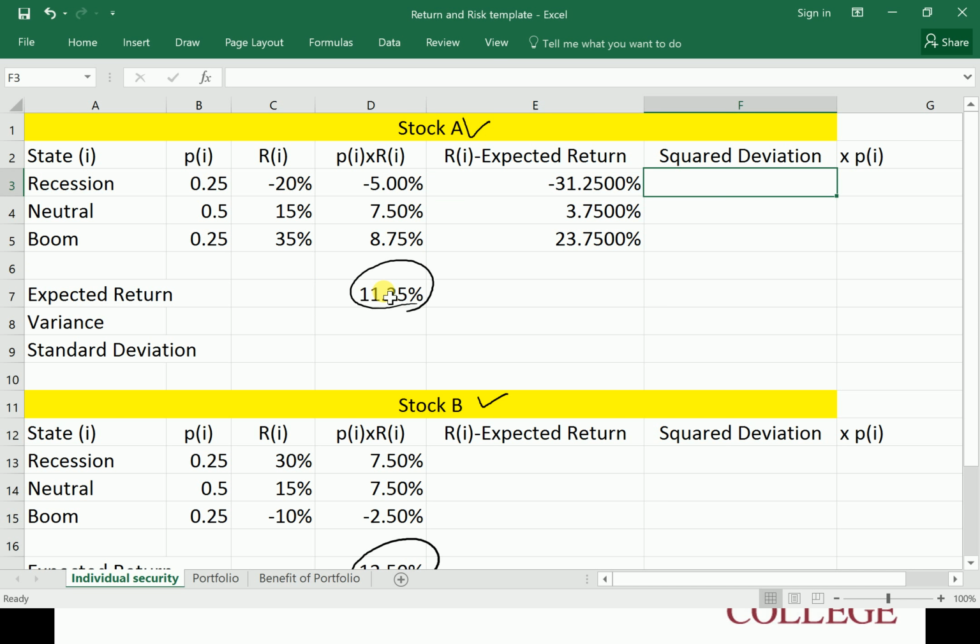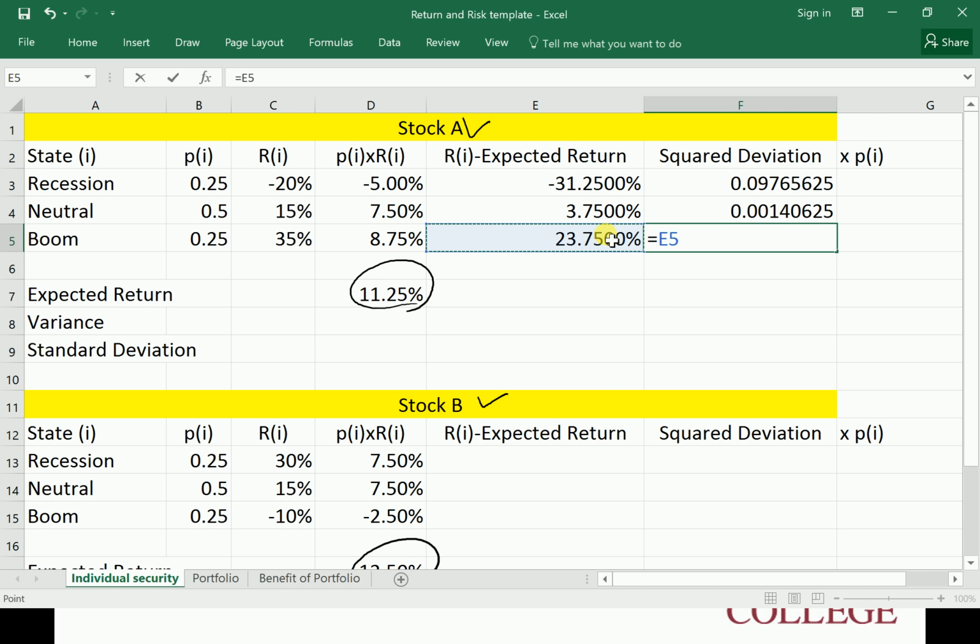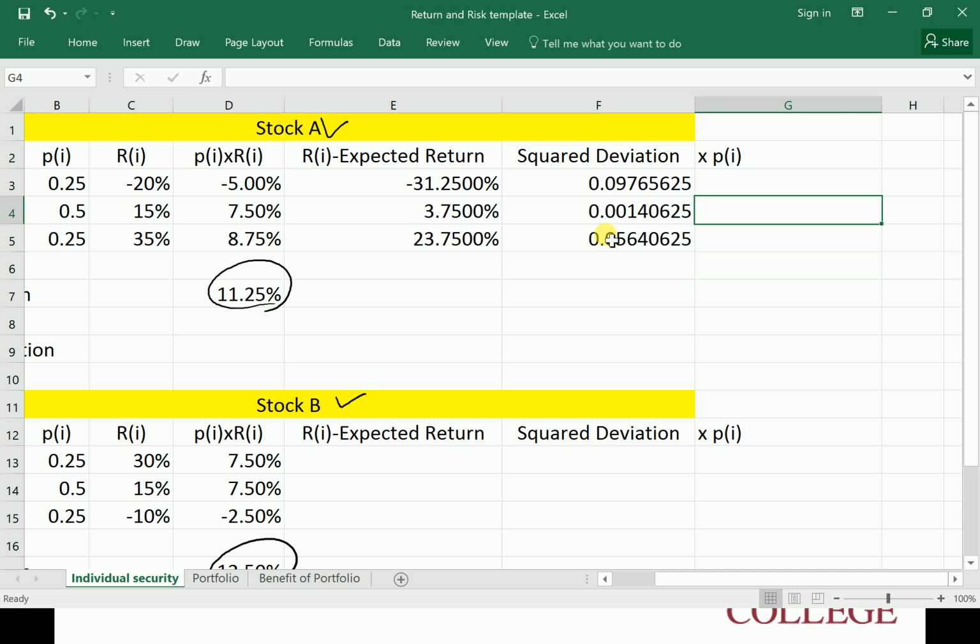And then you square this, and multiply by probability.